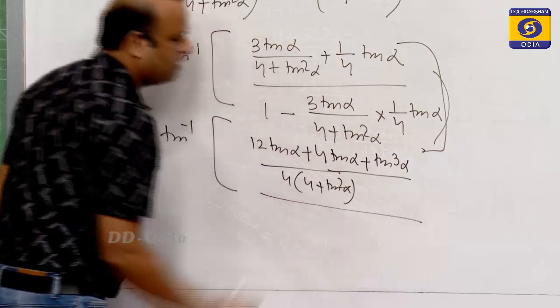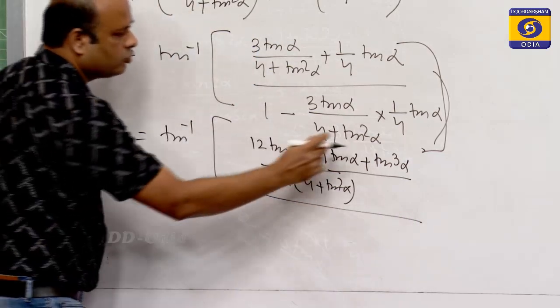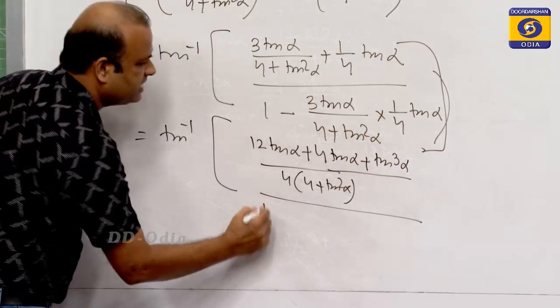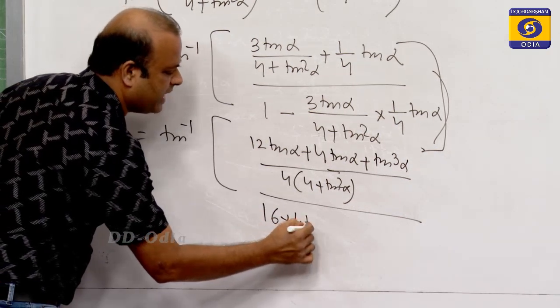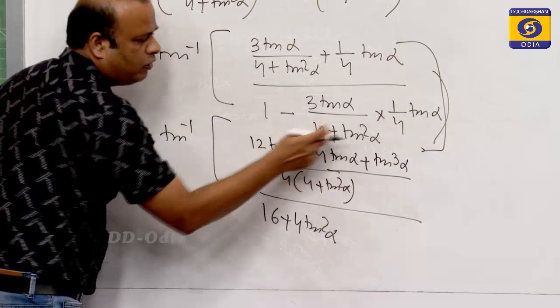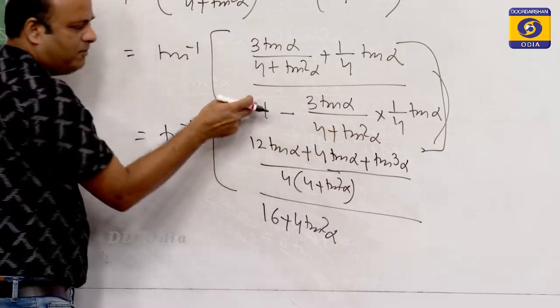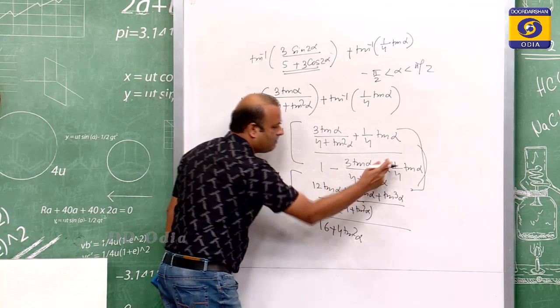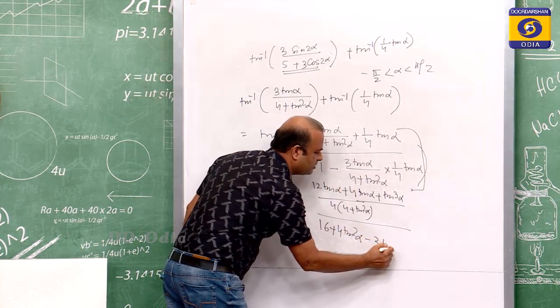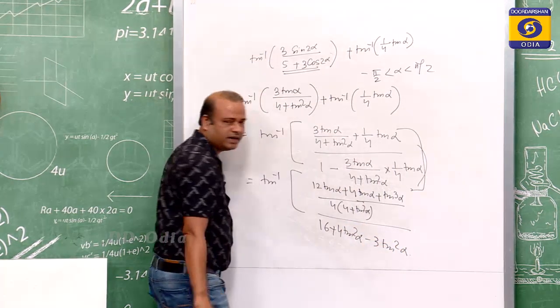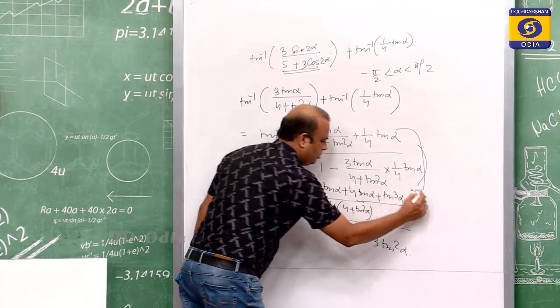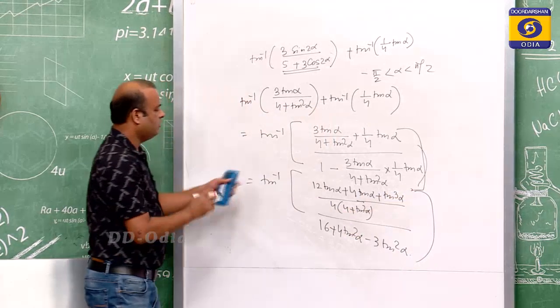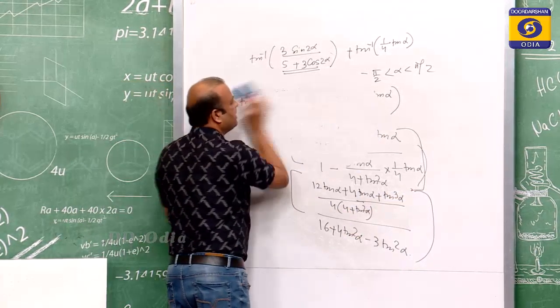In the denominator, we multiply to get 16 plus 4 tan square alpha, take the LCM, and now minus 3 tan square alpha.